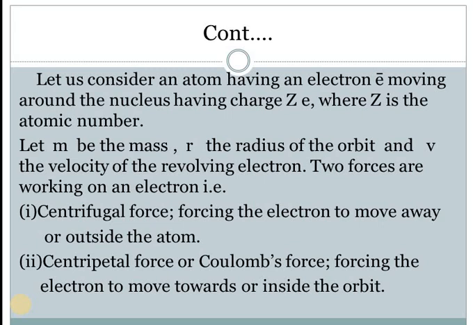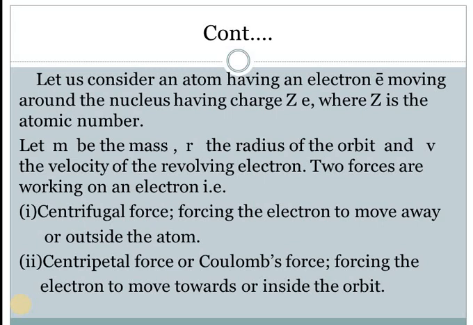Let us consider an atom having an electron e minus moving around the nucleus having charge Ze, where Z is the atomic number. Let m be the mass, r the radius of the atom's orbit, and v the velocity with which the electron is revolving. Now two forces would be working on the electron so that it is fixed in its orbit.